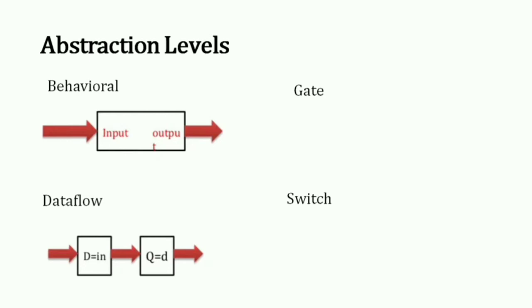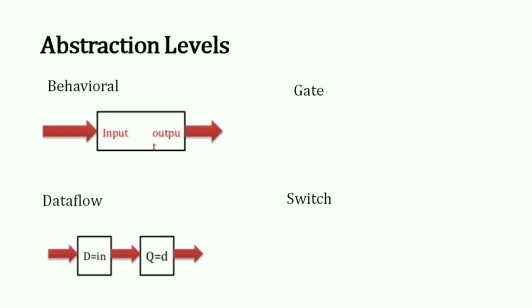So we'll walk through how the data flows from input to output, and what the expression for that output is in terms of inputs. In between these two blocks, we have one more output, and that output is the input for another block. For that also we'll write an expression.